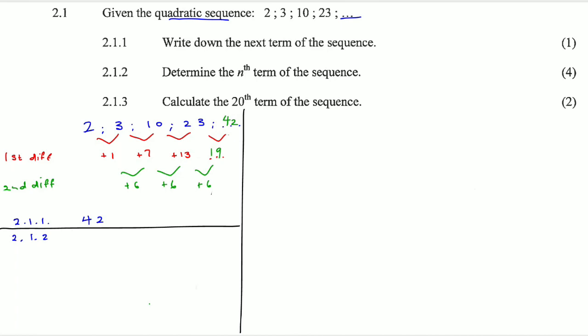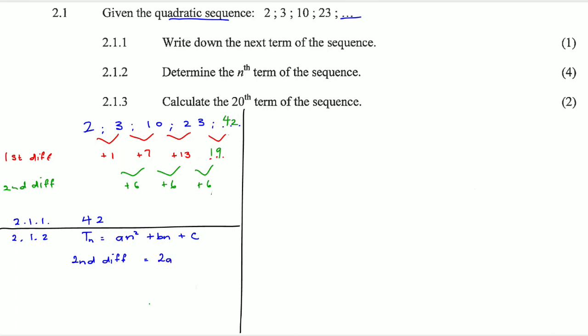And the nth term of a quadratic sequence is given by term n is equal to an squared plus bn plus c. And once we have the values of a, b, and c, we'll be able to find any term in the sequence. Now, for a quadratic sequence, what we need to remember is that the second difference is equal to twice the value of a. So the second difference is equal to 2a.